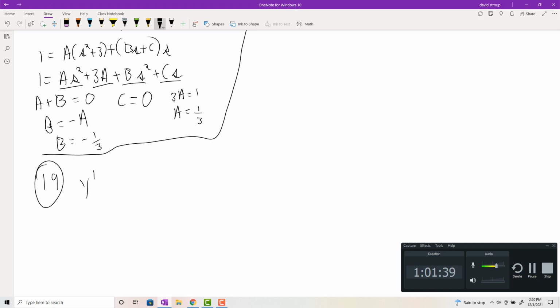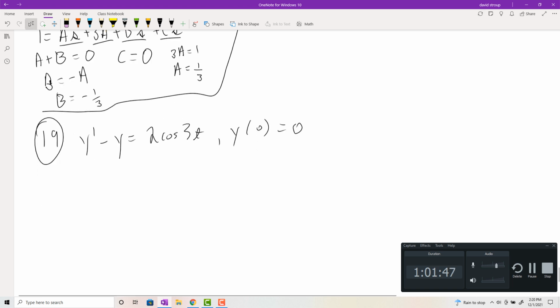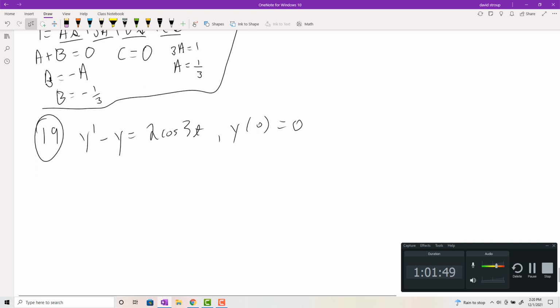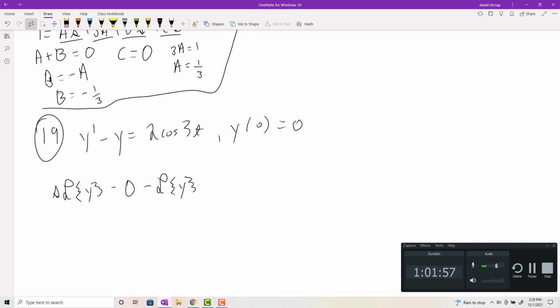So y prime minus y equals 2 cosine of 3t with an initial condition y of 0 is 0. Okay, so transforming everything, I get s Laplace of y minus y of 0, which is 0, minus Laplace of y equals 2 times s all over s squared plus 9.